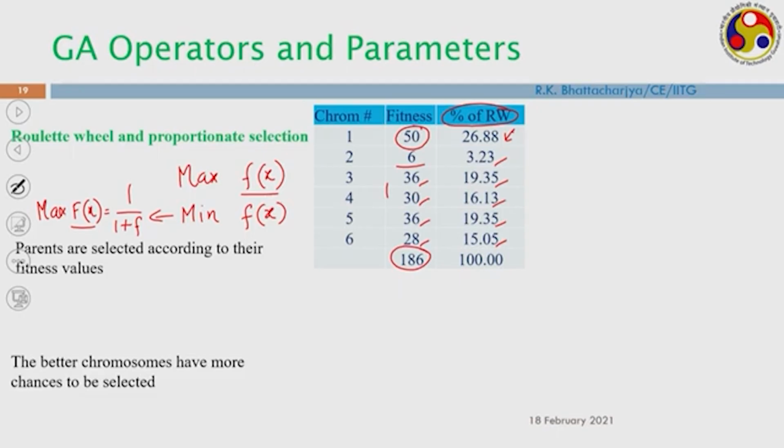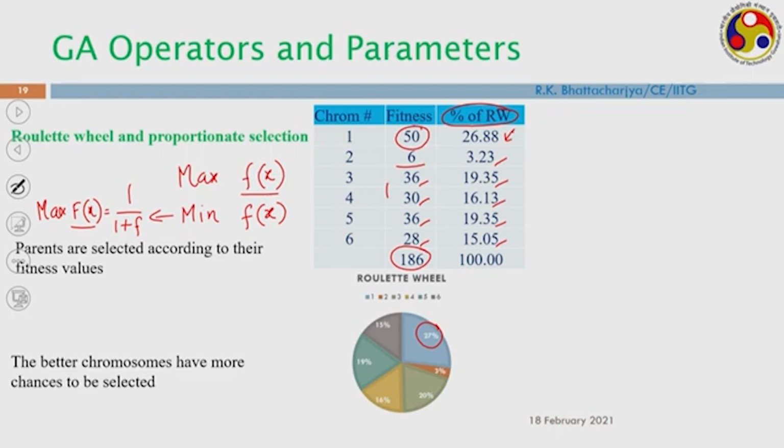Okay. So what can we do basically? I can create a roulette wheel, and look at the area occupied by each of the solutions. The first solution is 26.88, so if you round it up, it is 27%. So the first solution is occupying 27% in this wheel.